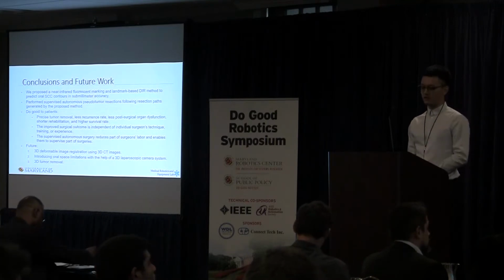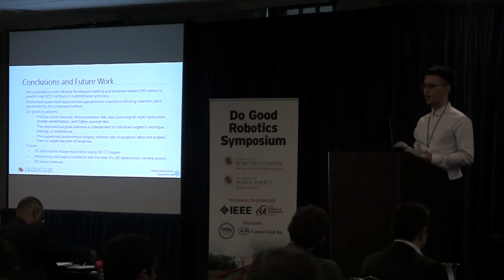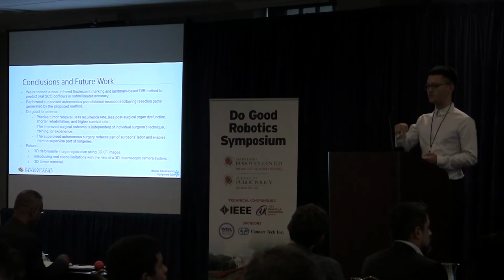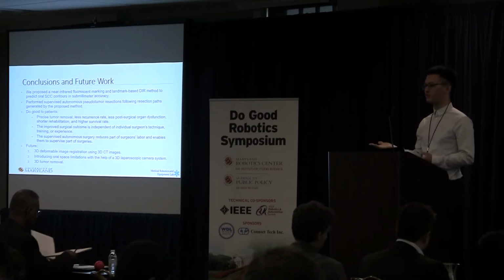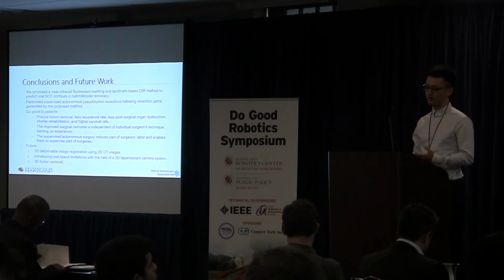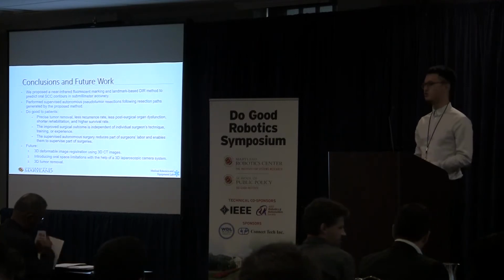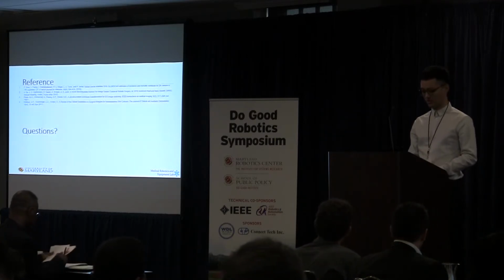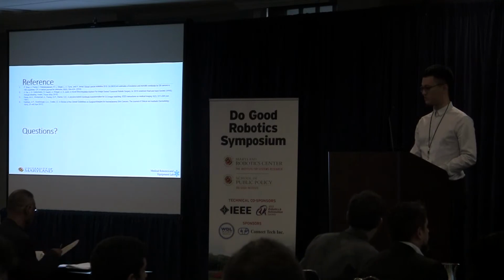And what's more, currently we only ask the robot to cut the pseudo-tumor without completely removing it. In the future we will figure out how to realize this 3D tumor removal. And those are my references. Any questions?